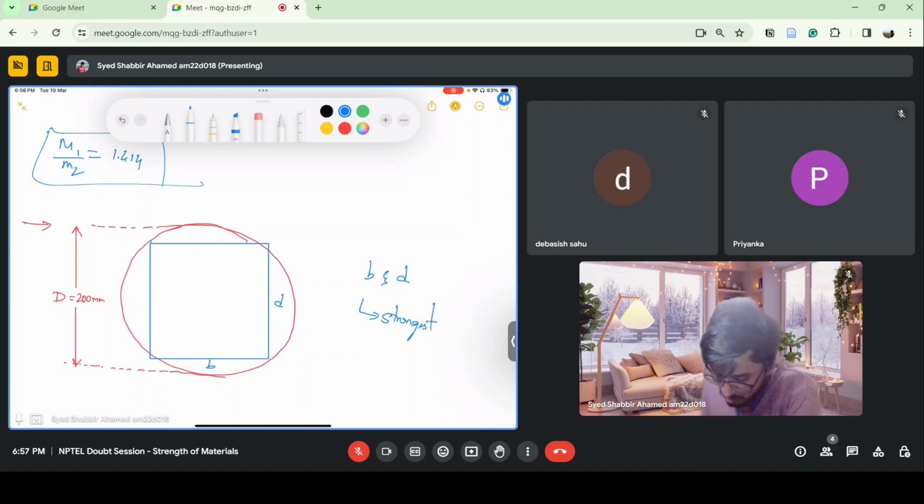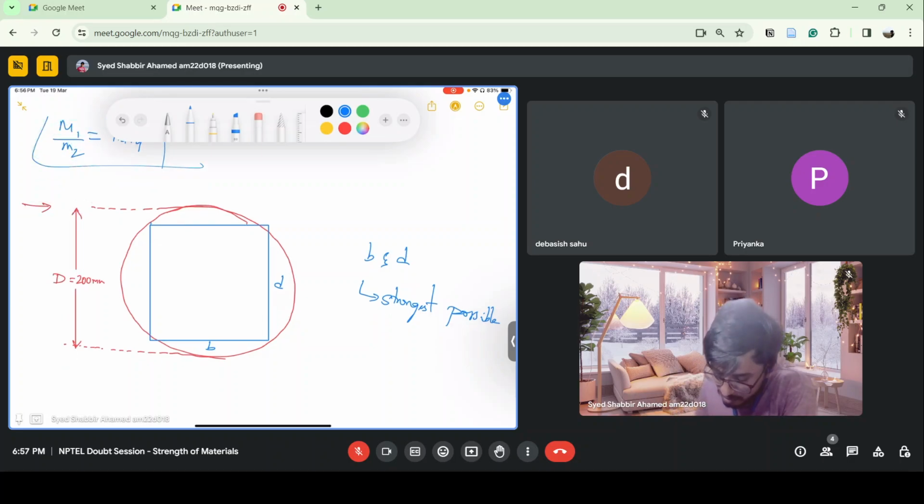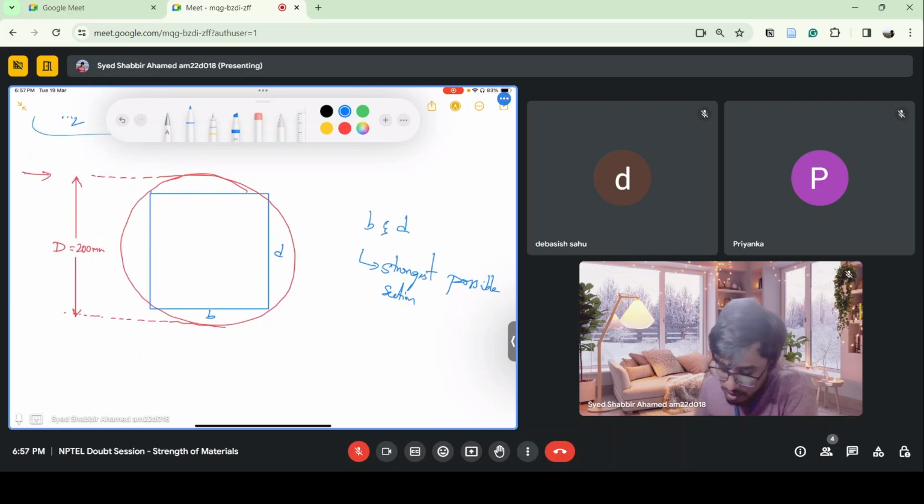Strongest possible rectangular cross section should be cut from this circular cross section. For that we have to find out what breadth and depth we can get when we cut out from this. Self weight is neglected.